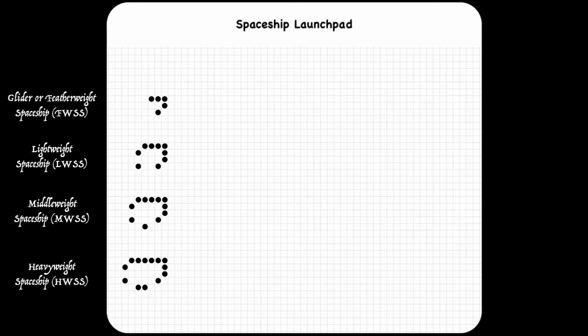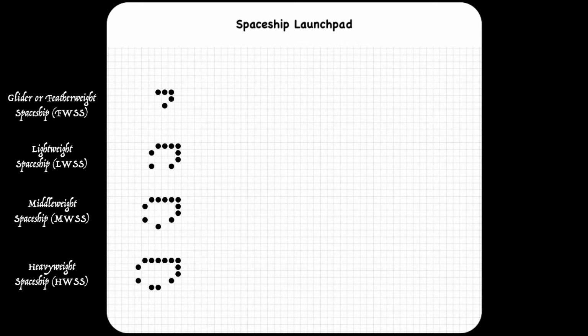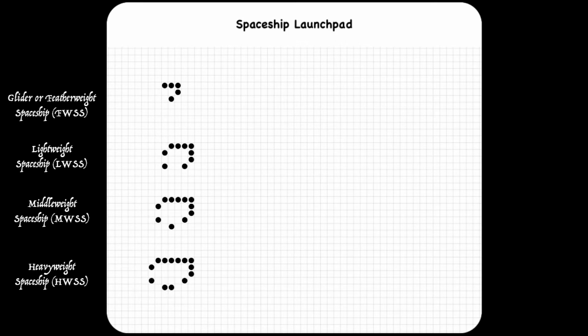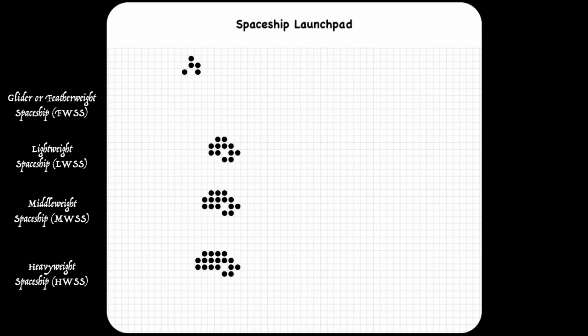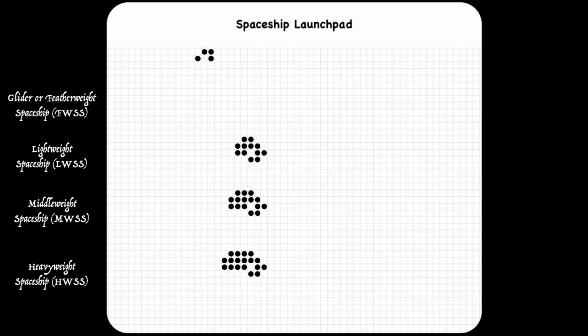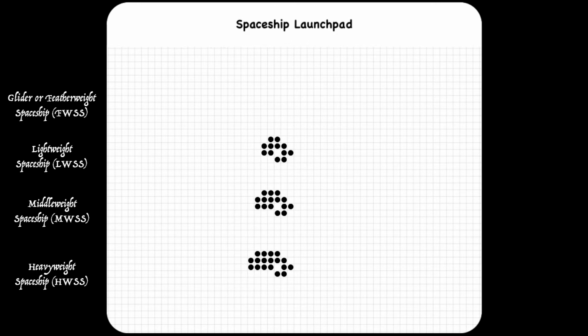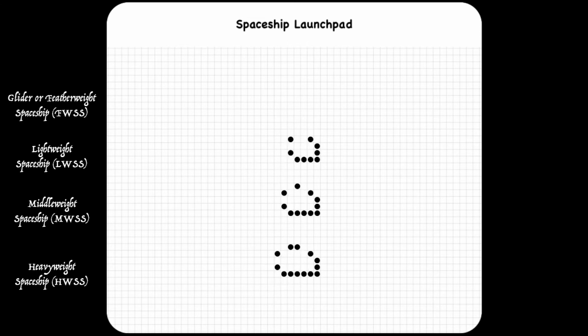So let's just set them off, see how they work. And it does appear that the glider is slightly slower than the other 3, but the other 3 are keeping up with each other. They seem to have the same speed, whatever that means.